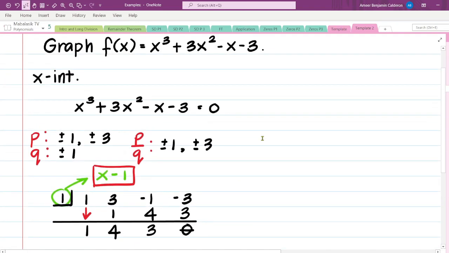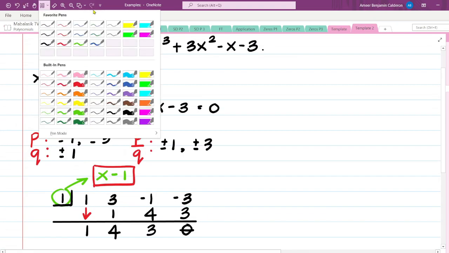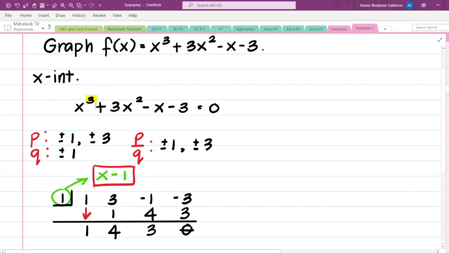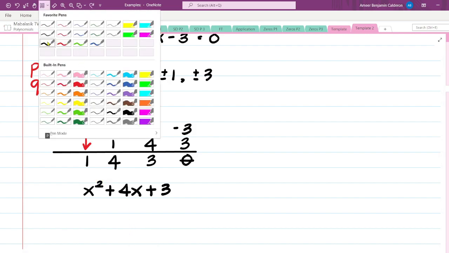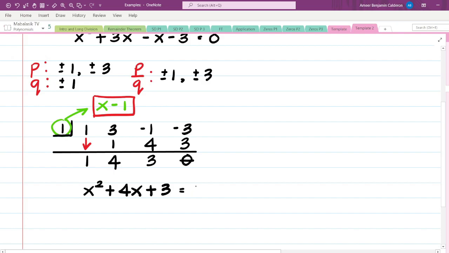Because we are given a cubic polynomial equation, and one of the factors is of degree 1. Therefore, if we subtract 3 minus 1, we get 2. That is why our depressed equation is of degree 2. So this will be equal to 0 and can be factored. Factors of which are x plus 1 and x plus 3.